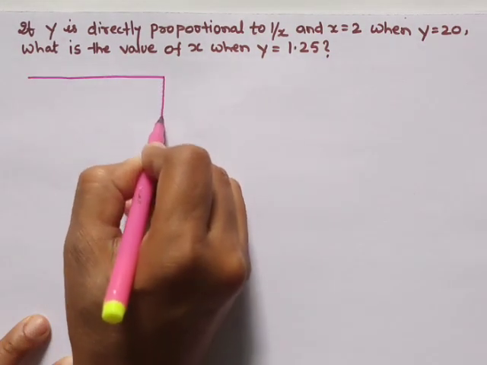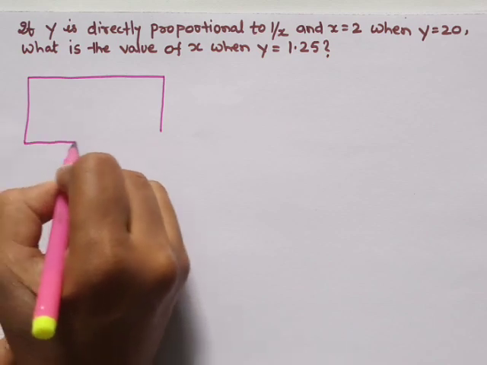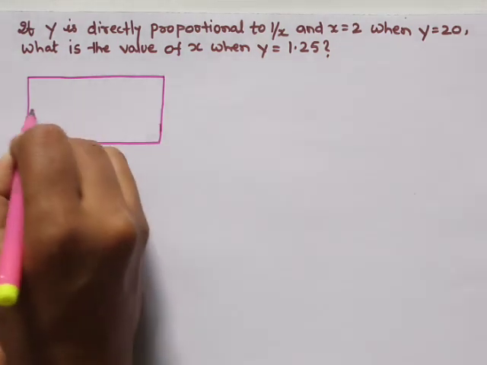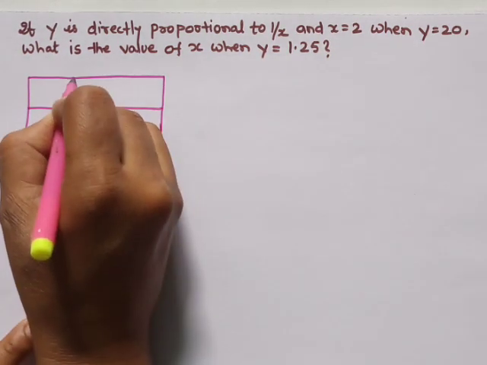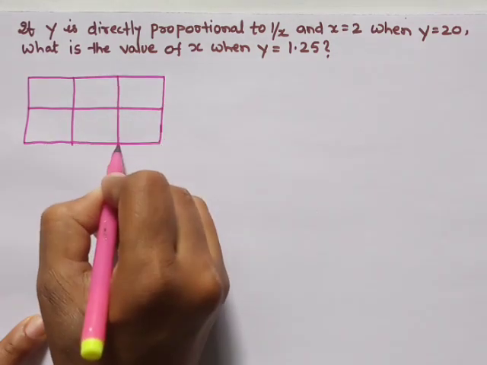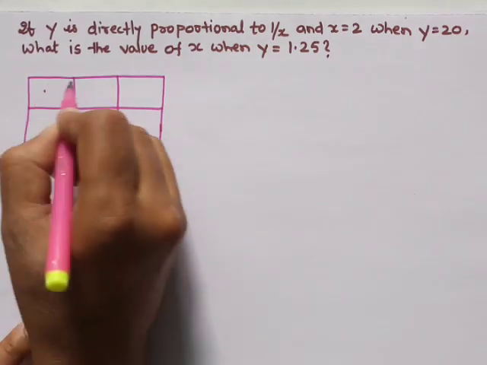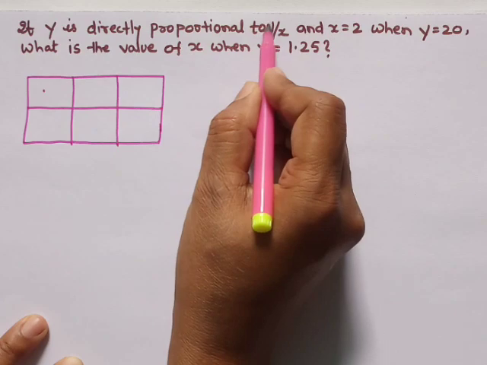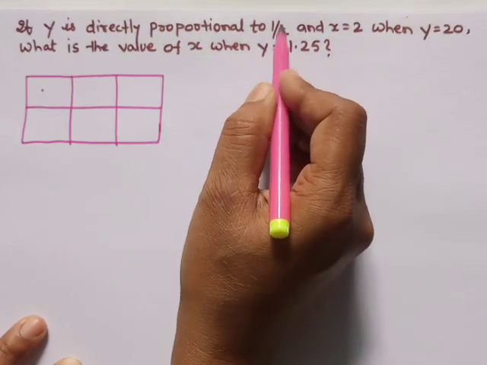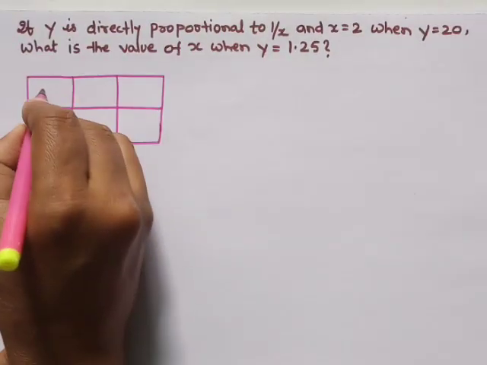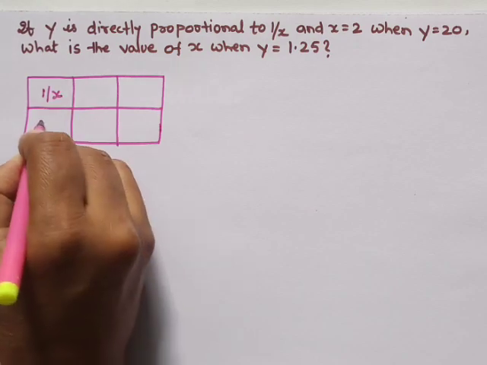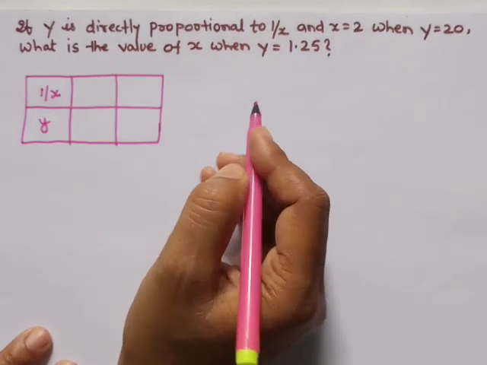See, this is the table. Here y is directly proportional to 1 by x. So, we are putting 1 by x here and y here.